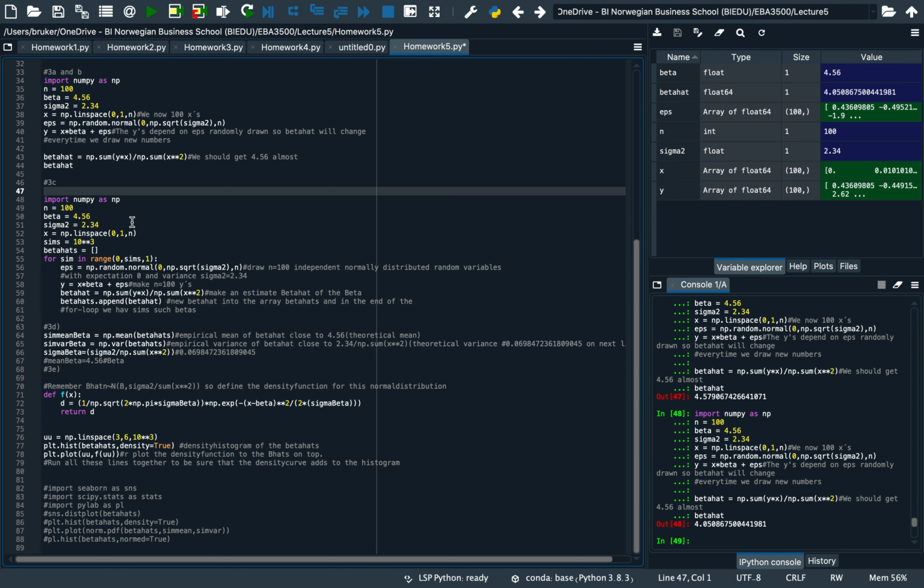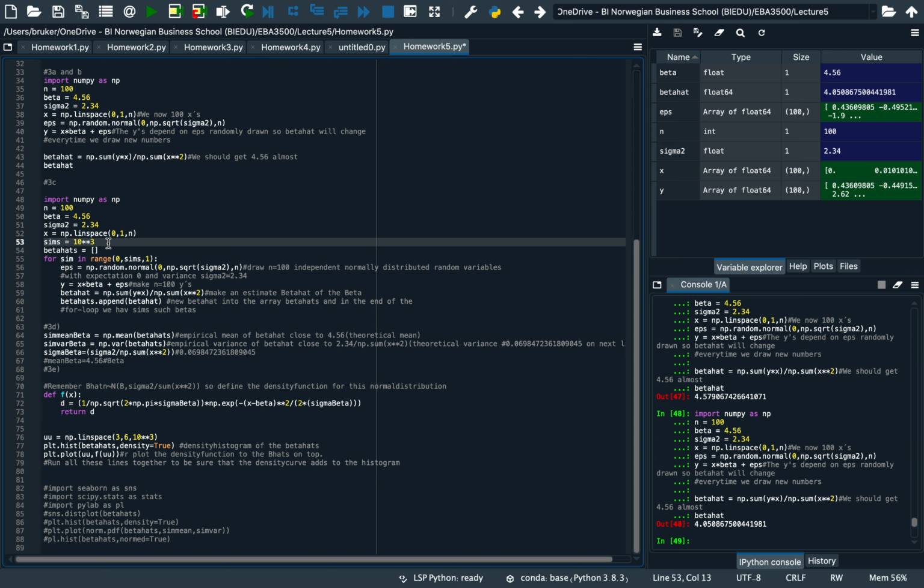So we are doing exactly the same as in A, but we are making a lot of these beta hats, and then I need a for loop. First of all, n equals 100 as in A and B, beta the same, sigma squared the same, x the same. But now I want to make 1000, 10 to the power of 3, beta hats.